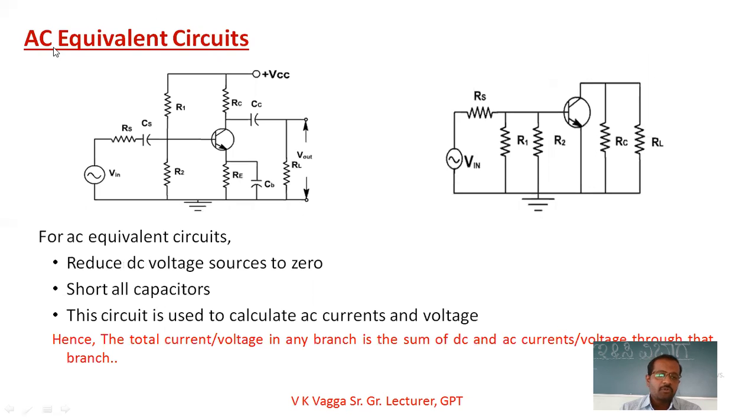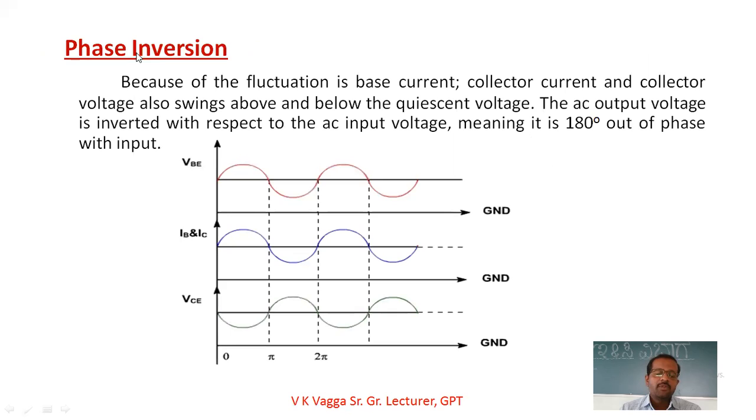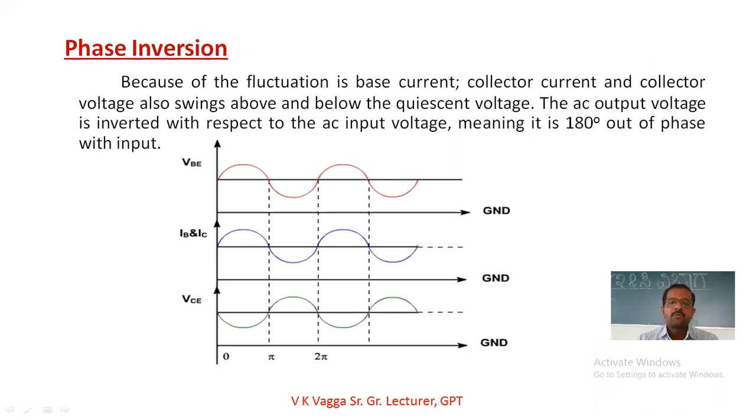In the same way, in order to obtain the AC equivalent circuit, all the DC voltages are made zero and all the capacitors are shorted, and you can obtain the AC equivalent circuit in this way. And if you take the phase inversion, if you apply the input at the base of the transistor, whatever output is obtained across the collector has a 180-degree phase shift.